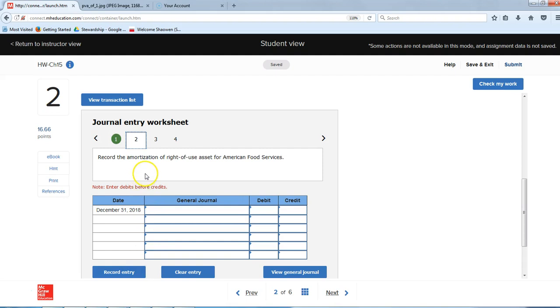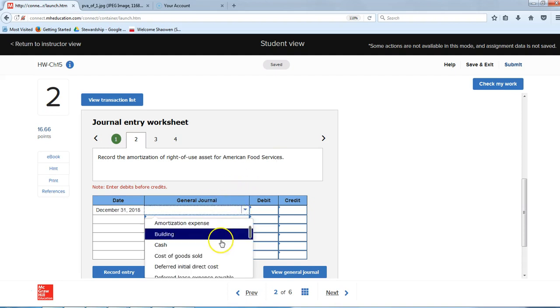Okay, and then the second entry says amortization of right of use asset for American Food Services. This right of use asset is considered sold to American Food Services. So now this right of use asset is on the balance sheet of American Food Services. They should amortize it.